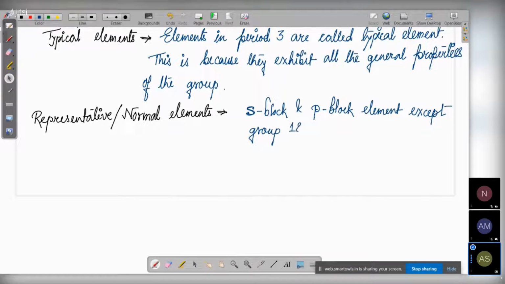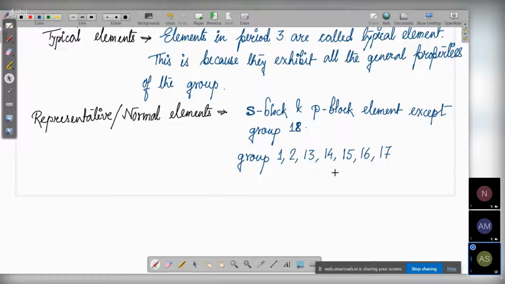So what are the groups present in representative elements? That is group number 1, 2, 13, 14, 15, 16, 17. Group 18 cannot be counted.